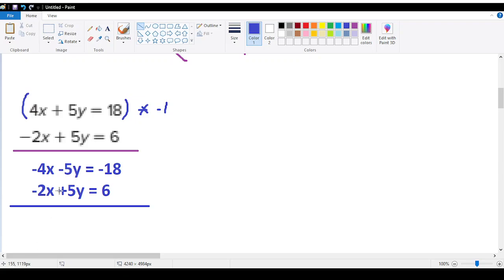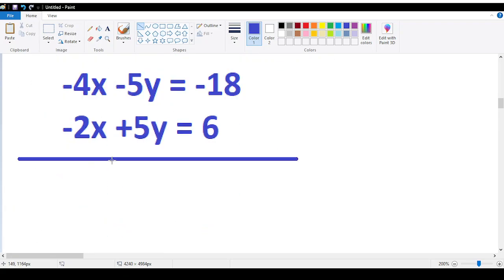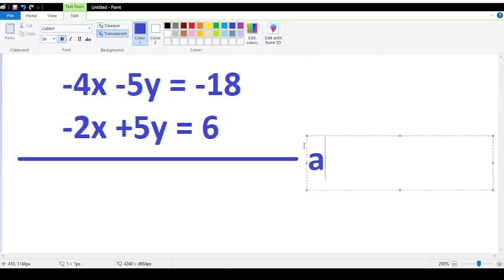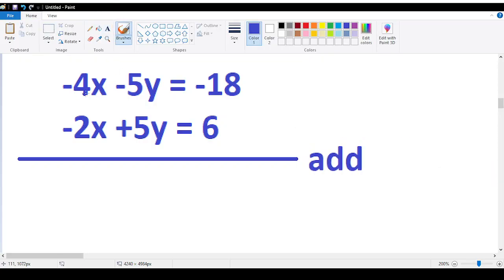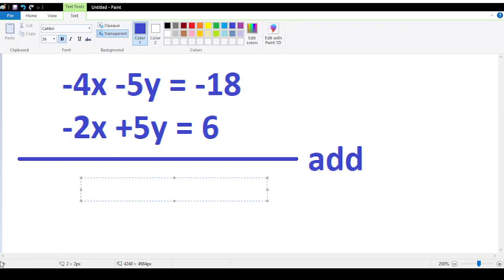Okay, Shamsa. Now we will add these two equations like we said before. So minus 4 and minus 2, how much? Look what I wrote here, add. So minus 4 plus minus 2, how much?